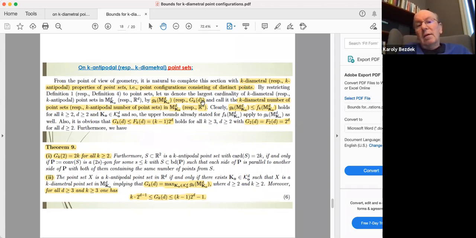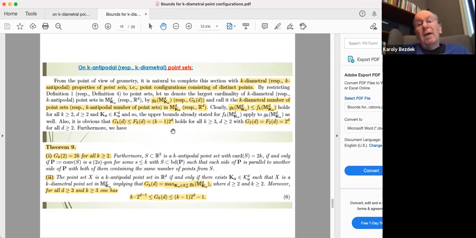And well, naturally, the upper bounds that we introduced for point configurations work here for point sets. And that's why I'm putting down this inequality here. So also that means that we have a very similar inequality: the largest cardinality of a k-antipodal point set in R^d is at most (k minus 1) times 2 to the d.